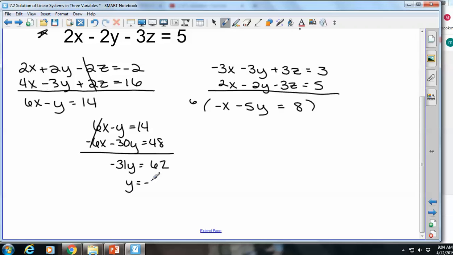Divided by negative 31 and y is negative 2. Before I go any further, do you have questions to this point?